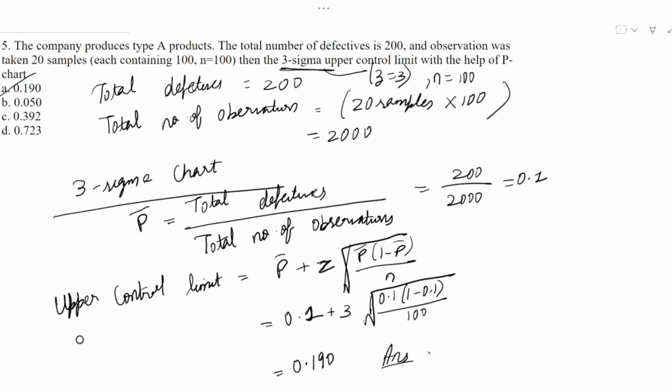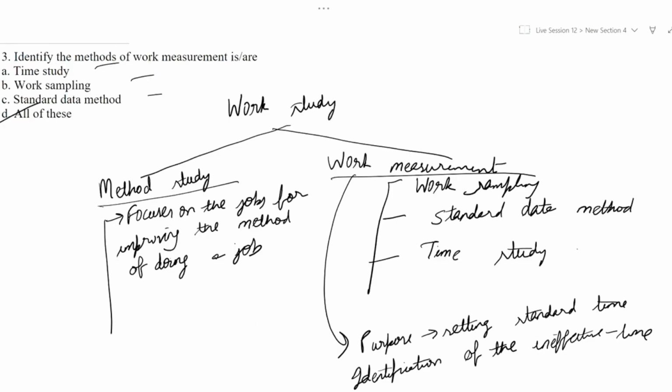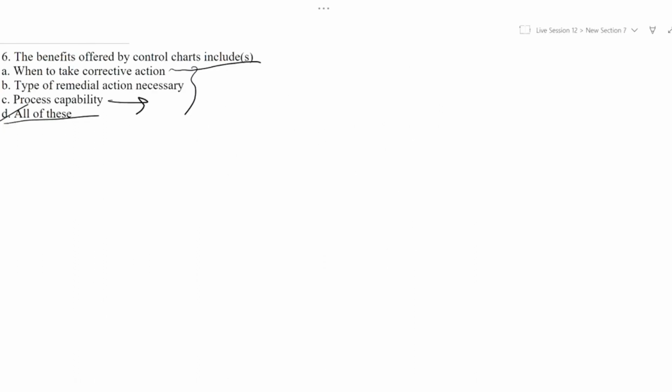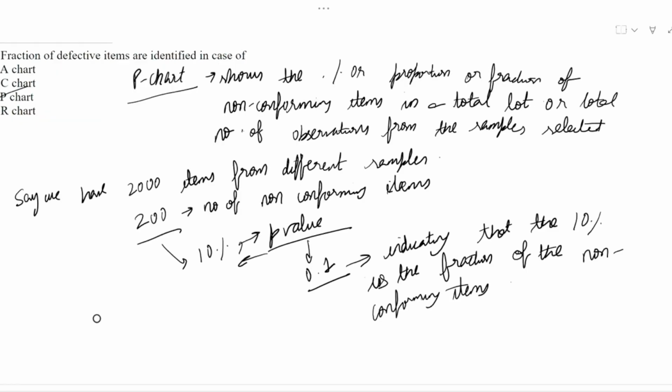Here also we found the p bar first, that is a fraction of the non-conforming items. Here we solved the percentage or fraction of defects. So basically here we will be given the total number of defects and the total sample size. From there we can find the percentage or fraction of the non-conforming items. So this is very important to find out when the correct action can be taken, when the remedial steps can be taken, what is the total process to be followed in case the number of defects are high.